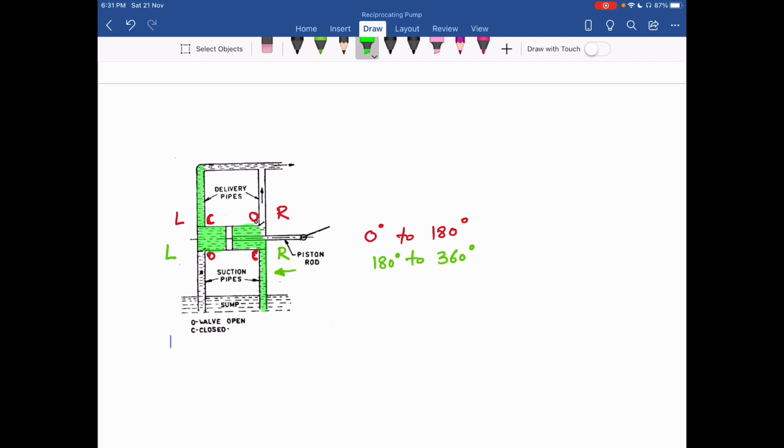Okay, so at that very time, this suction valve is open, this suction valve is closed. Okay, then this delivery valve is closed and this delivery valve is open. Okay, now you can see here when my piston moves from 0 to 180 degree, I have a delivery stroke.